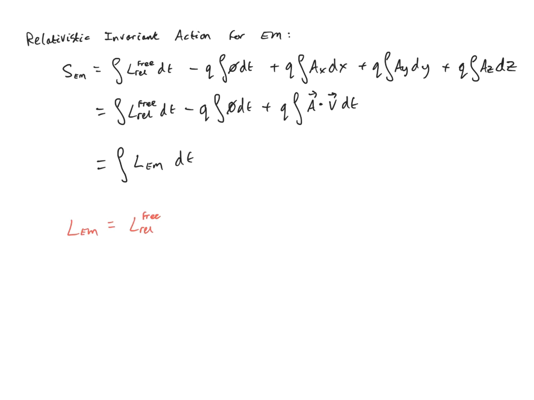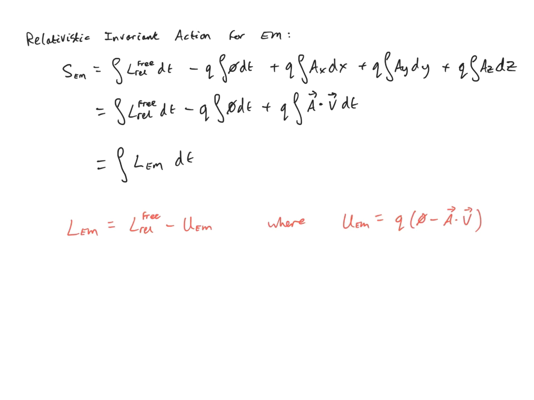And then we have a piece corresponding to the potential, which I'll call UEM, where this UEM is simply Q, the charge of the particle, times the scalar potential minus the vector potential dotted into the velocity of the particle. And of course, it turns out this is the correct result.